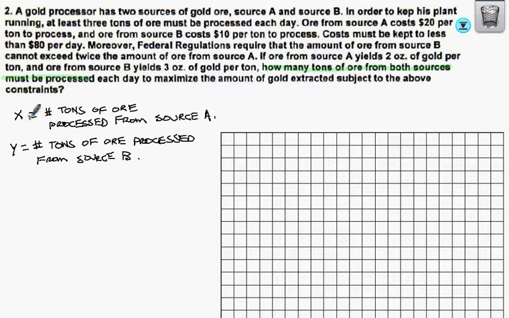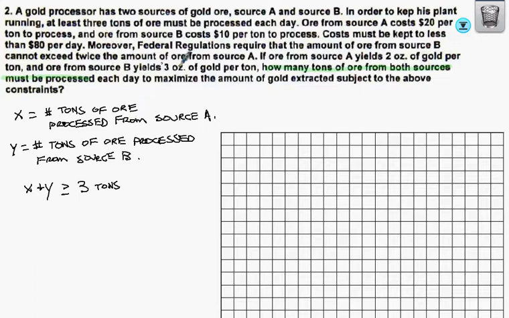So if X and Y represent the total number of tons of processed ore, their sum, X plus Y, represents the number of processed tons, and they must have at least 3. So this has to be greater than or equal to 3 tons.